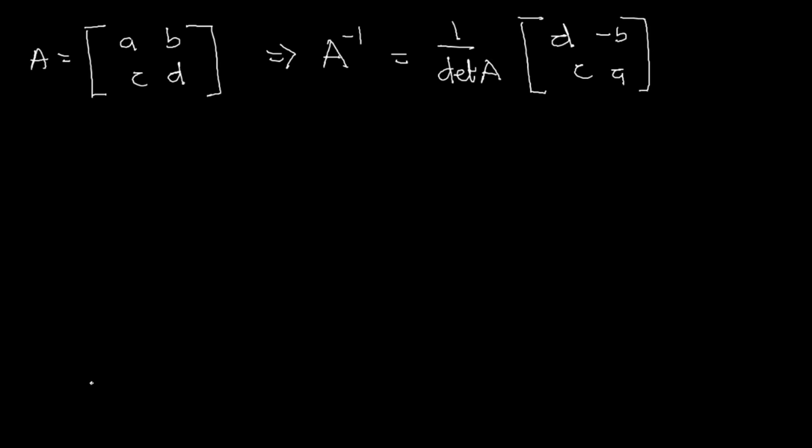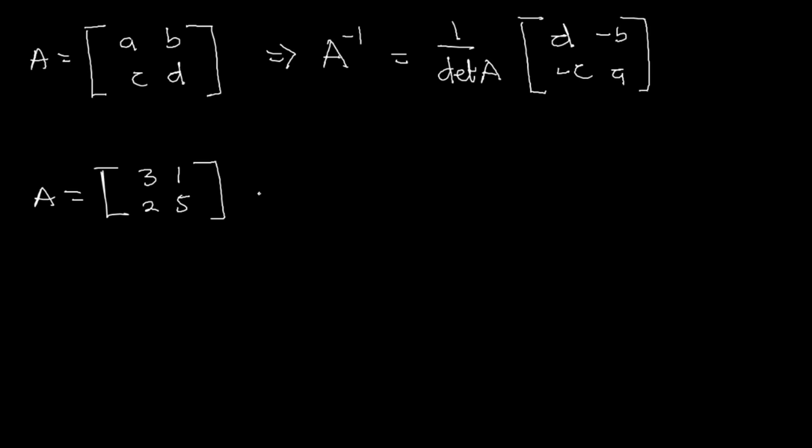So let's have a look at an example. Assuming we have the matrix A equal to 3, 1 and then 2, 5, and we have to find the inverse of this matrix. We know the formula for finding the inverse is A inverse equal to 1 over det A, multiplied by the matrix where we interchange the leading diagonal and negate the following diagonal.